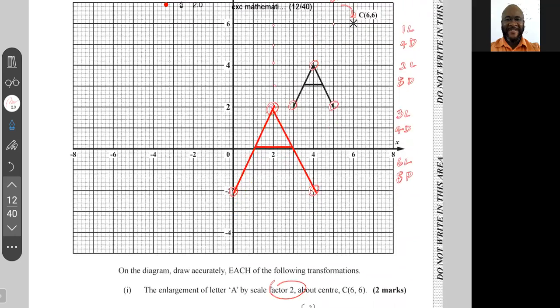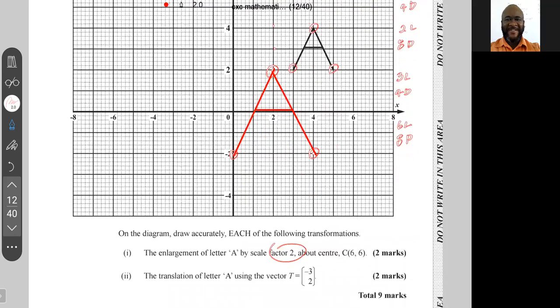The top value being negative is telling me I must move the entire shape 3 units to the left, and the bottom value is positive 2, so I must move the shape 2 units up. So I'm going to move the letter A 3 units to the left and 2 units up.